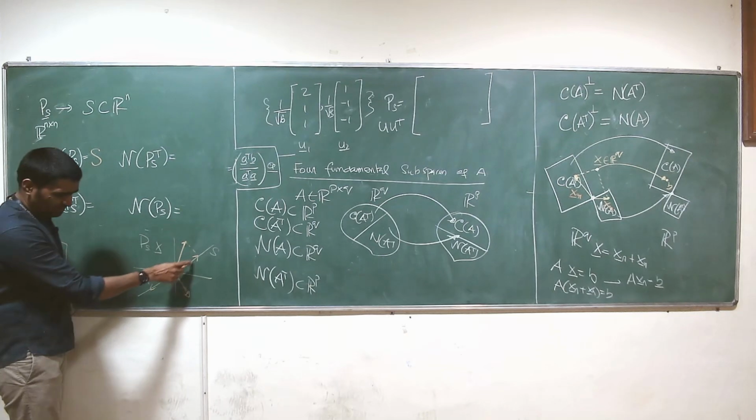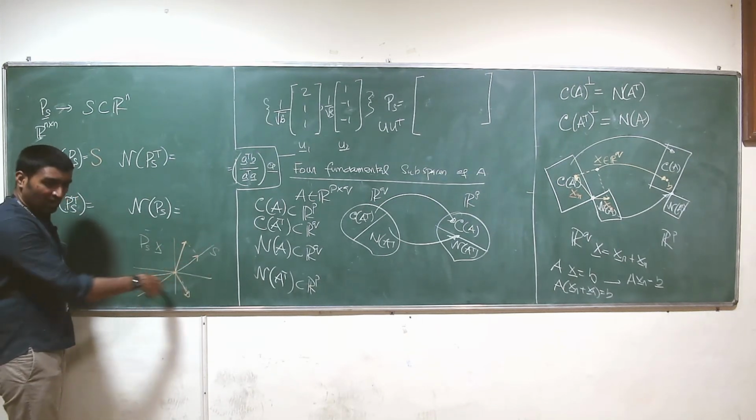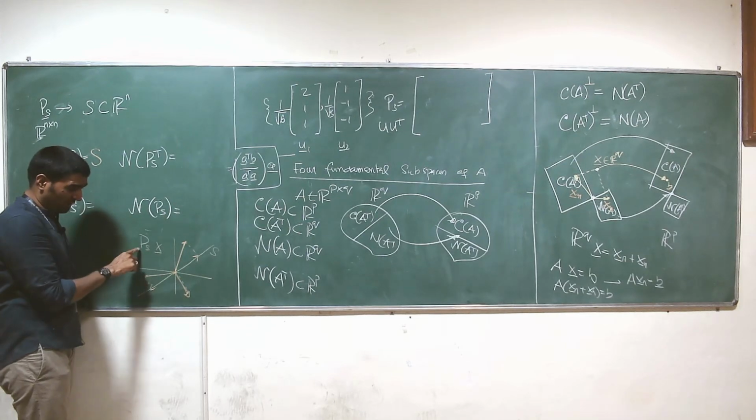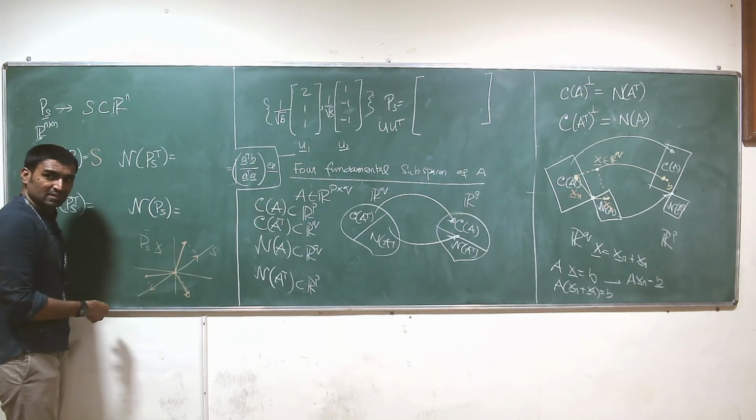Think of this problem again. What vectors in R2 will get mapped to 0 if this is the subspace of your interest and you have your orthogonal projection matrix to this subspace?